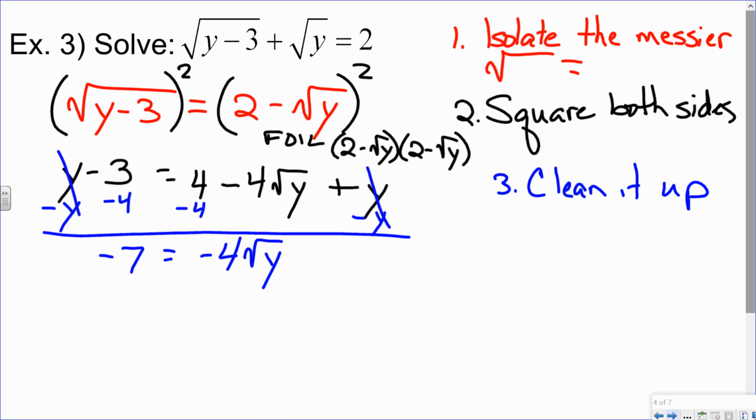Now what? Other people have a chance to think for a minute. What can we do now? What should we do now? Let's wait just a moment before we square both sides, make it a little bit easier. What do you want to do? Get the y by itself. So let's isolate that root y again.